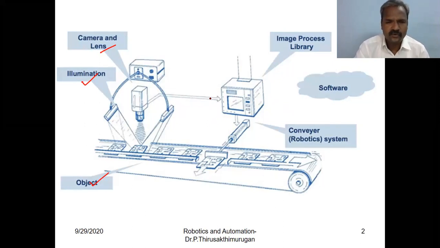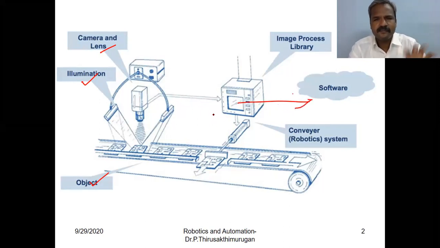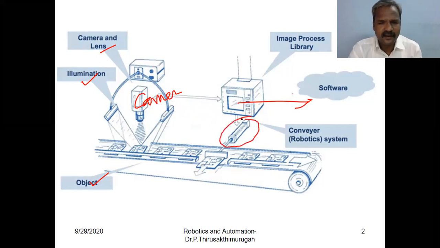For the controller to recognize the object, we use software. So this is a machine vision based robotic controller. This is your gripper, this is the camera, and this is the final object. This is called end of arm tooling.